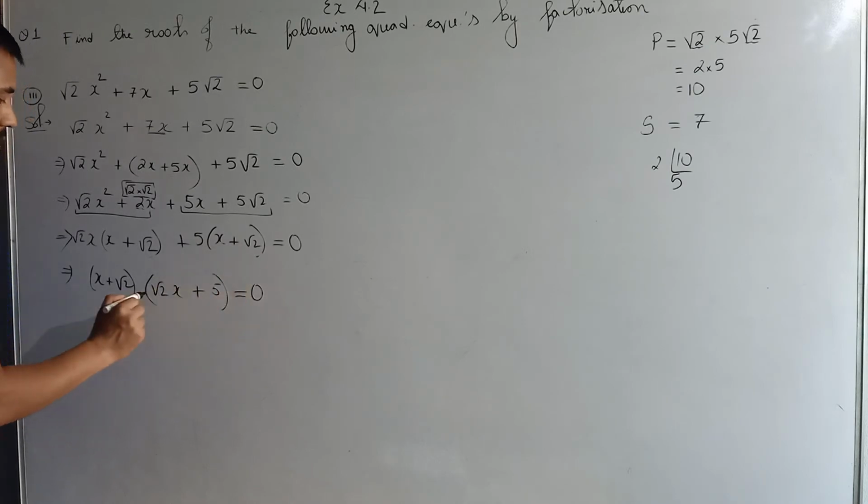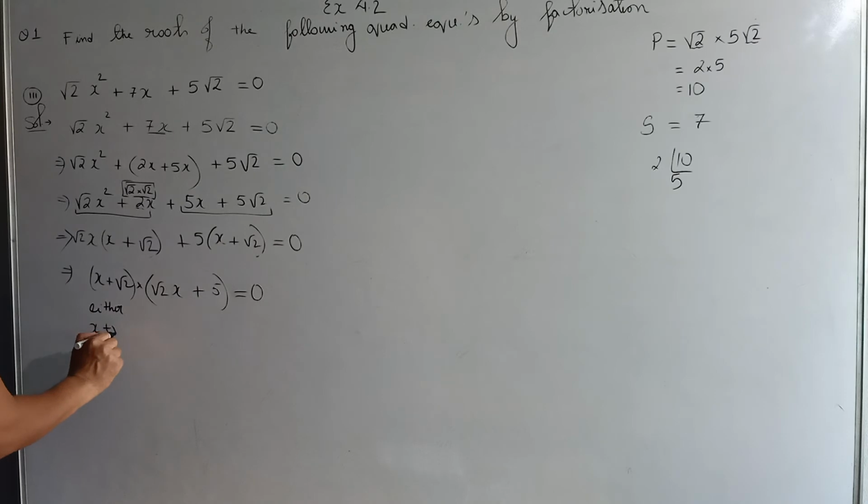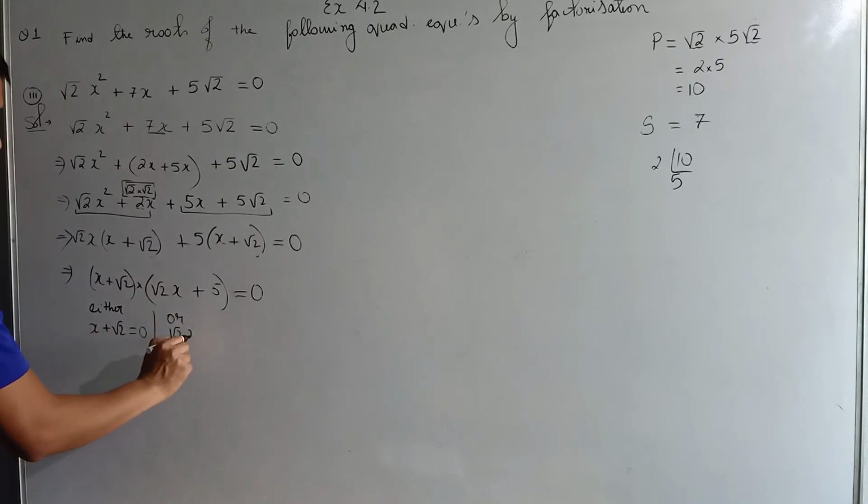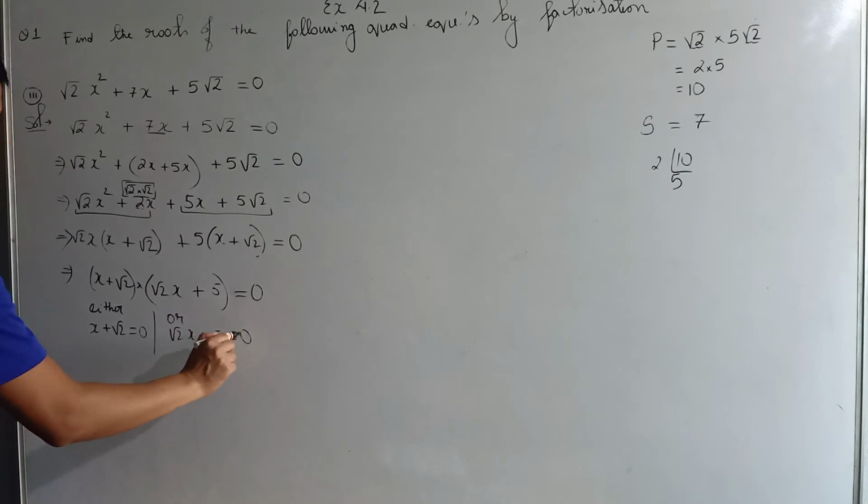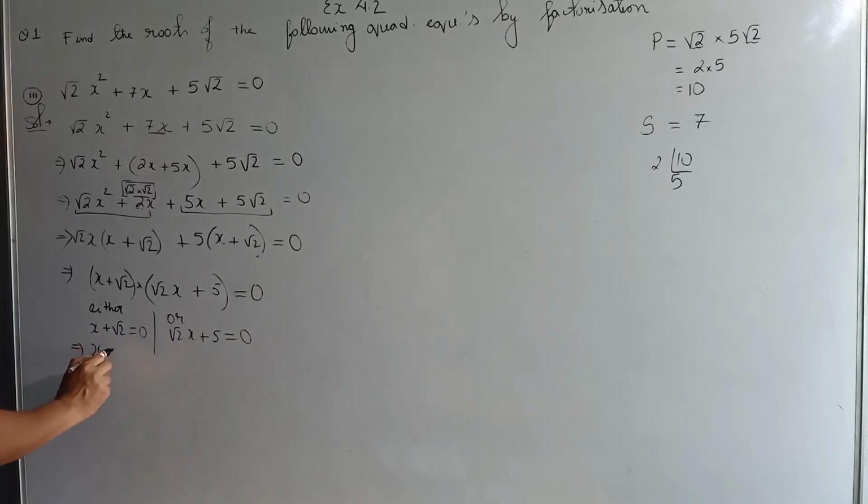Okay. So product of two terms is 0 means either your first term is 0 or your second term is 0. This gives you x to be minus square root of 2.